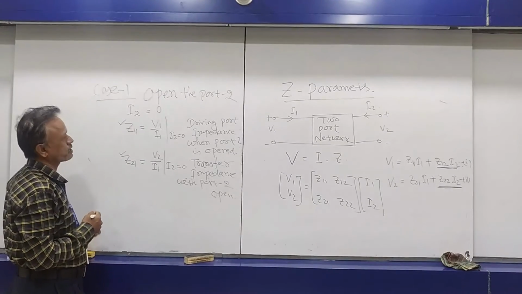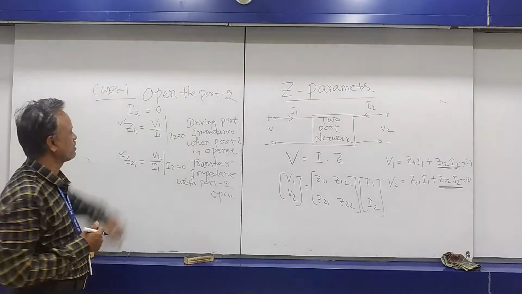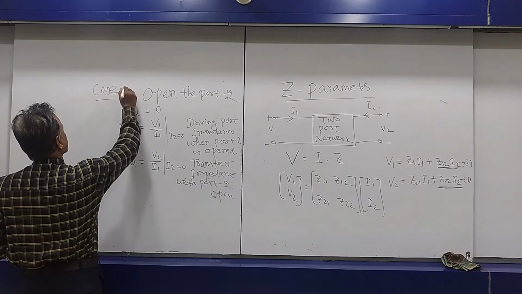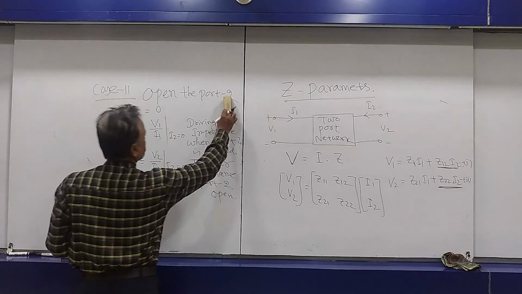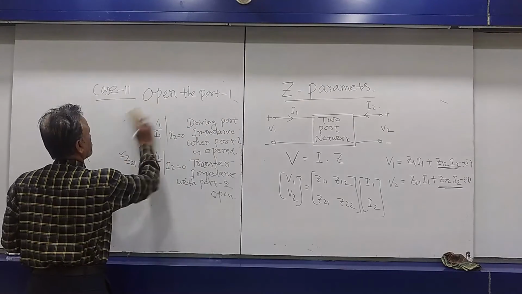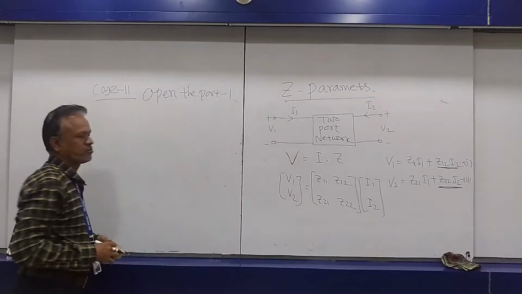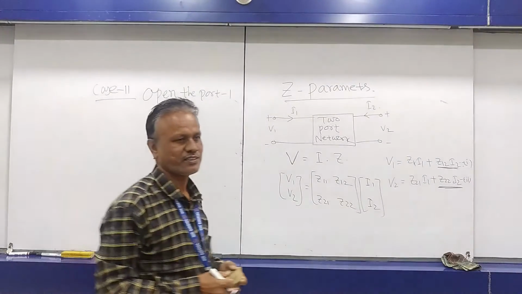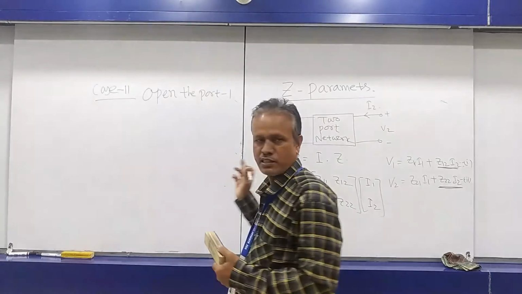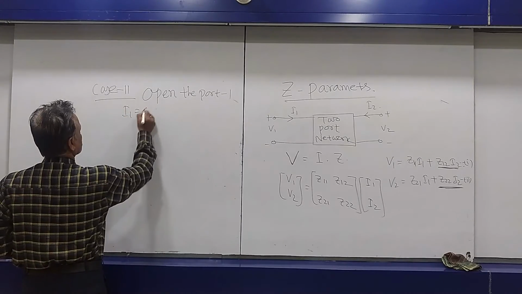Once again, when case 2 comes, we will open port 1. So let us go to case 2. Here open port 1. When we open port 1, what will happen? Can you tell? When I open port 1, that means current I1 will be 0.